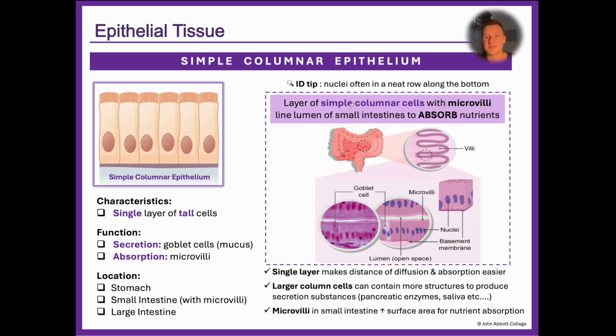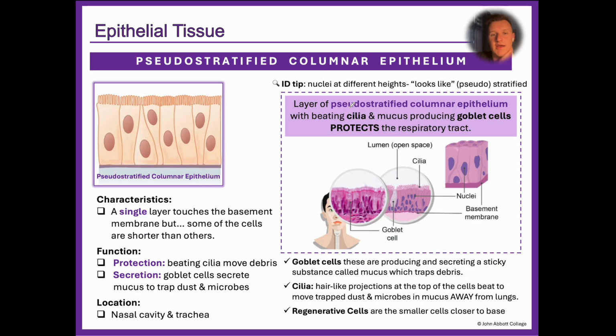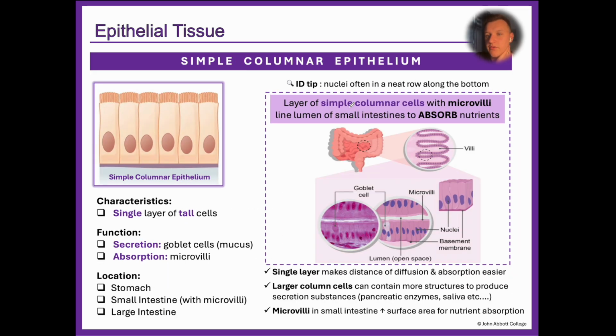Let me go to the next one. I think we skip simple cuboidal because we don't really care about that one. I'm going to go on to simple columnar epithelium. This is a single layer of tall cells. It's one layer of these very tall cells that are taller than they are wide. Simple, one layer, columnar, column-like.